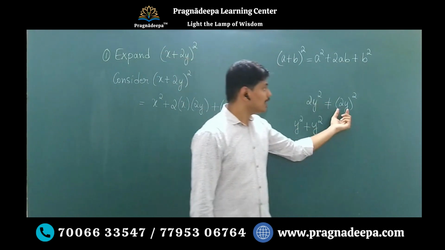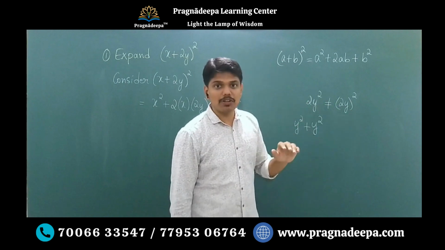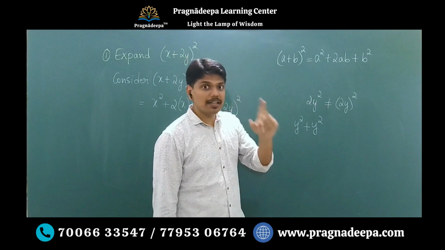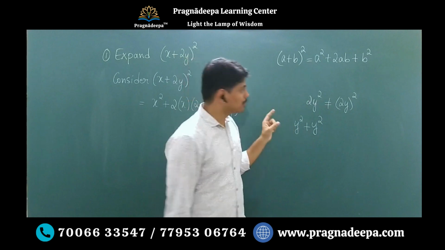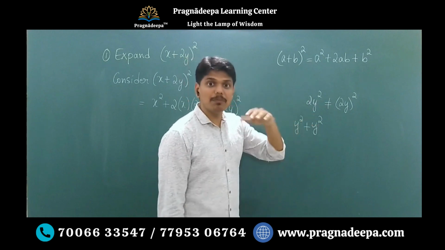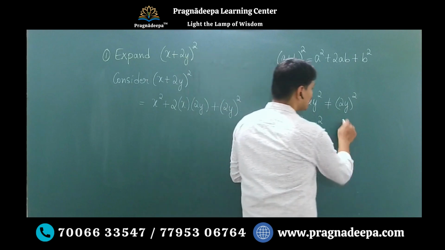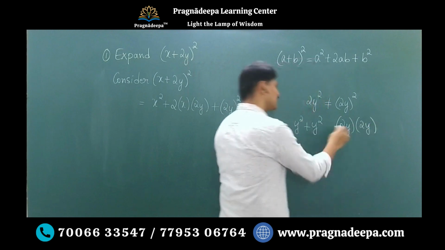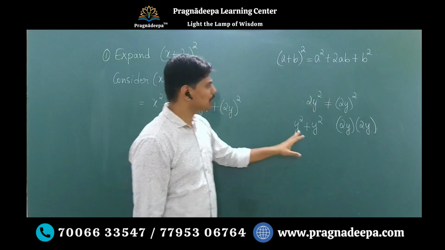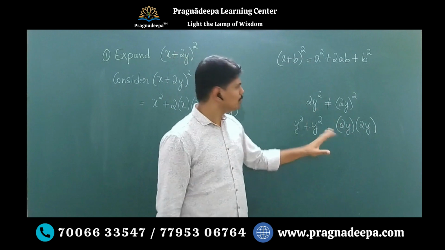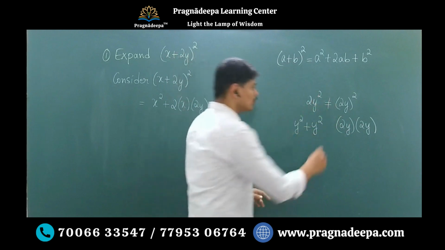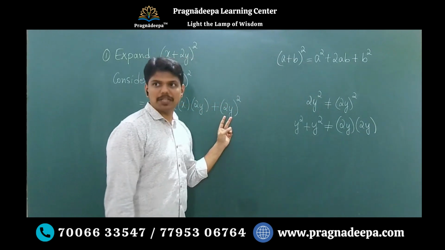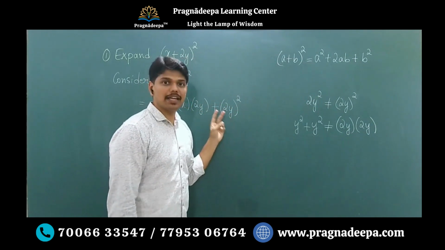But here I am multiplying 2y with 2y. So understand the point I'm trying to make in maths here. y square plus y square is completely different from multiplying 2y with 2y. So the two cannot be the same. There are some instances where they might be the same for a particular value, but in general they are not equal. So while writing, students, especially when you have terms which are multiplied, be careful.